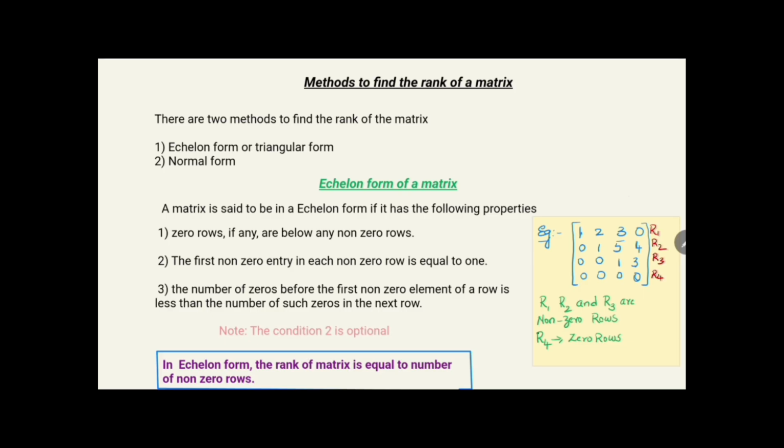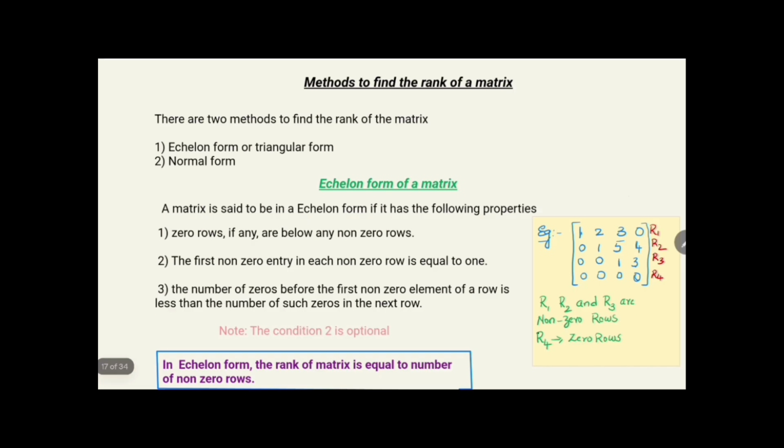Now R4 is completely a 0 row because all the elements are 0. And R1, R2, R3 are non-zero rows because all the elements are not 0 here. So according to the first point, 0 rows should be below any non-zero rows. So R4 is below R1, R2 and R3. So the first step is satisfied, right?